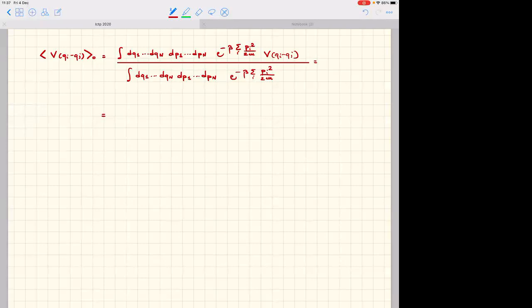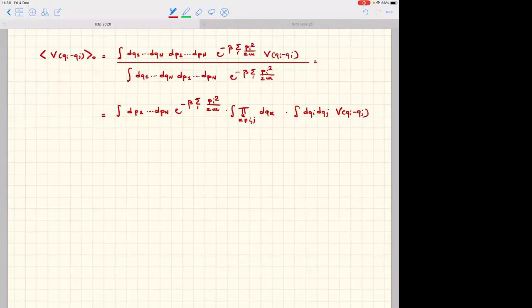Above, of course, I can rewrite it as the integral dp1 to dpn e to the minus beta sum over i of pi squared over 2m. Then I can integrate over all dqk such that k is not equal to i or j, and then I will have the integral dqi and dqj of v(qi minus qj).